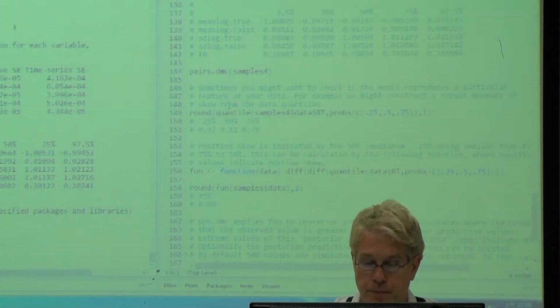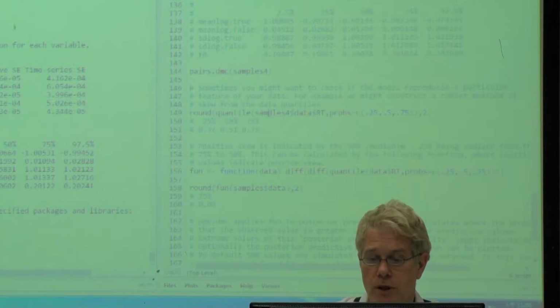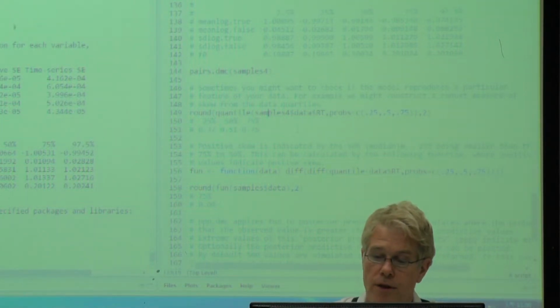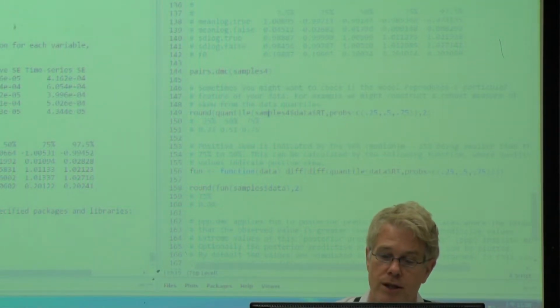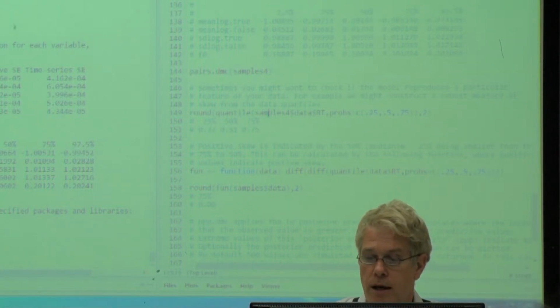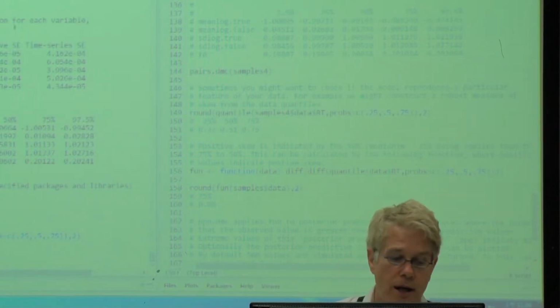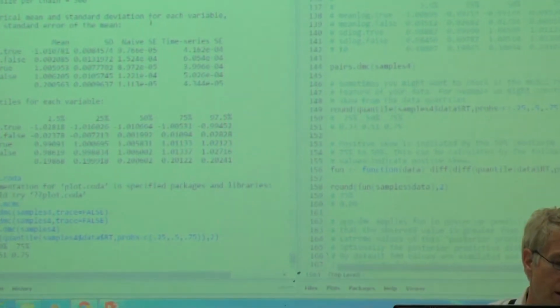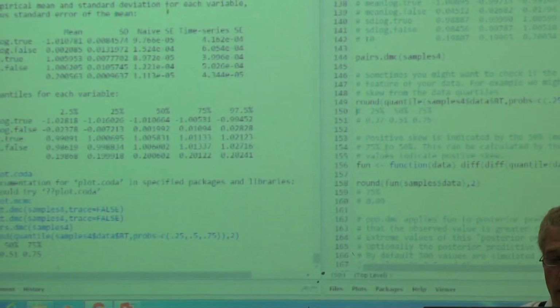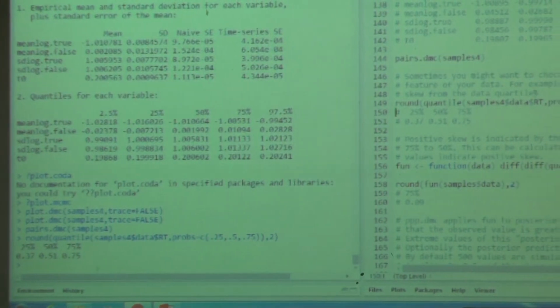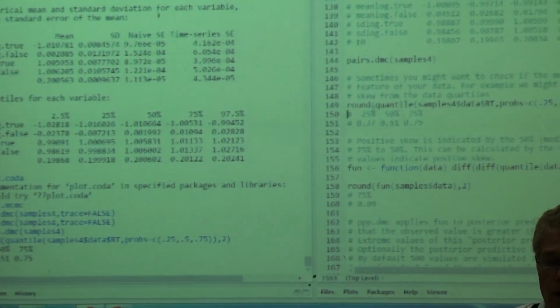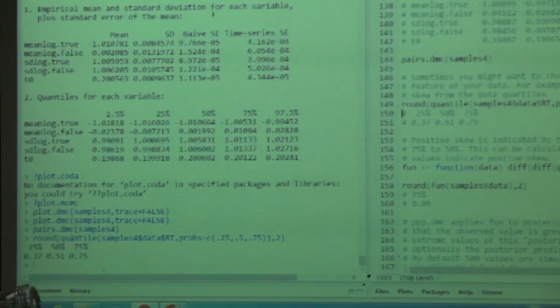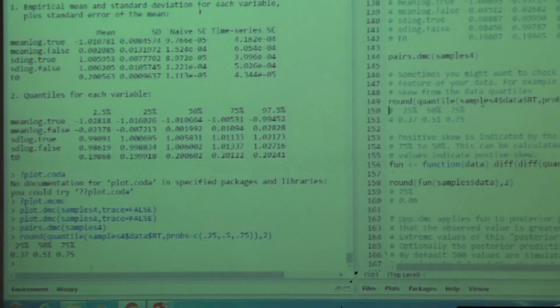Here, what I chose to do was to focus on the interquartile range. That is the distance between the 25th percentile and the 75th percentile of the RTs. Here I wrote a little function to calculate it.